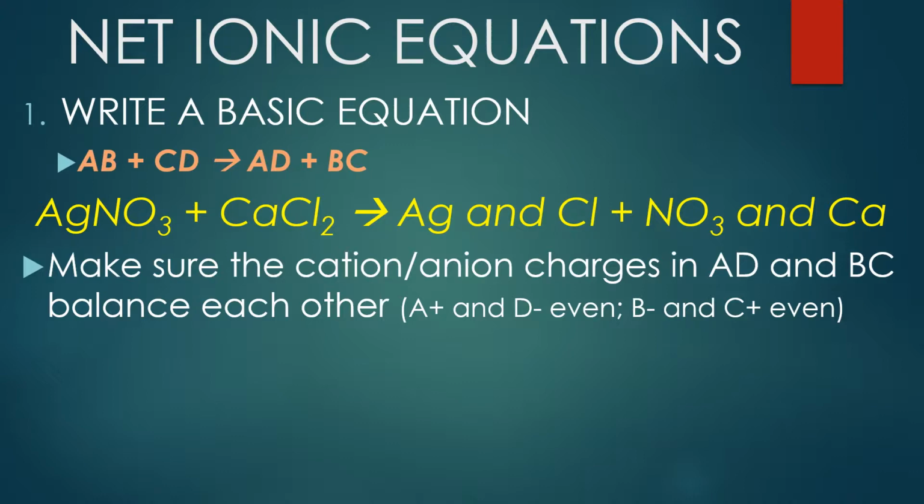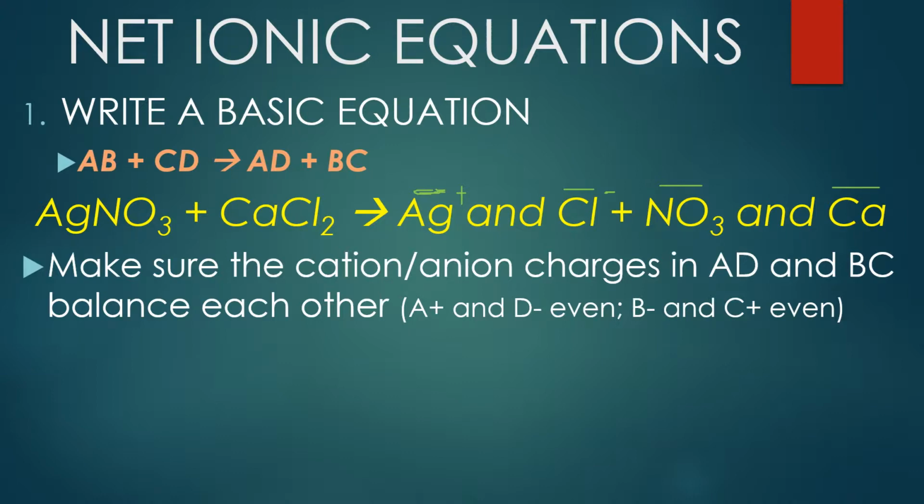Now that we've written that basic equation, we have the silver and the chlorine, that's your AD, and then we have the nitrate and the calcium, that's your BC. Out of each pairing, there's one cation and one anion. Like this silver, the Ag is a cation and the Cl is an anion.